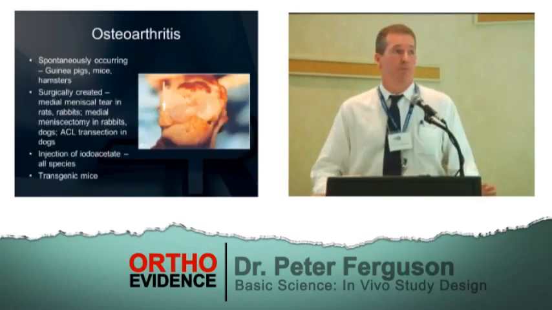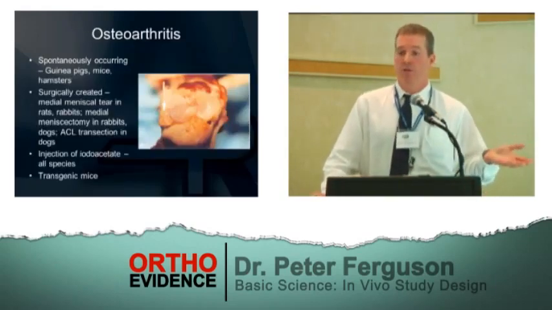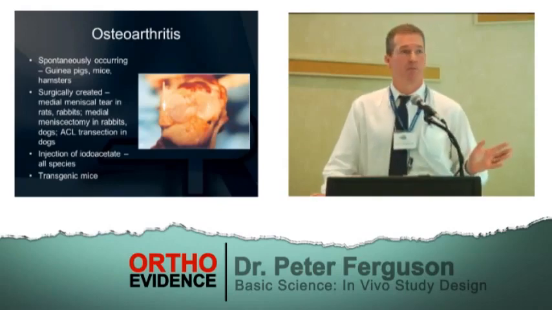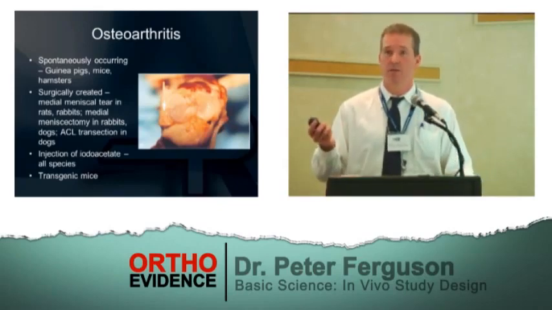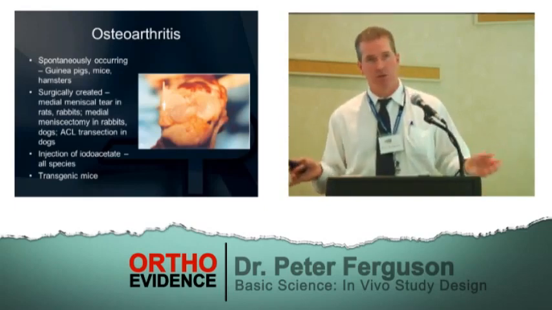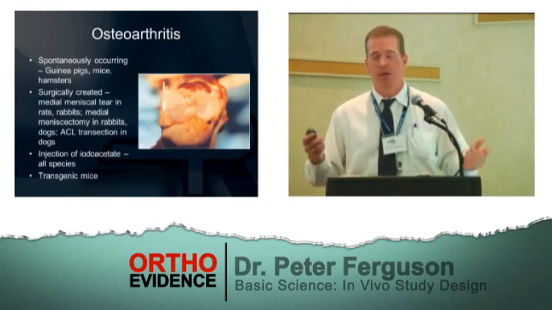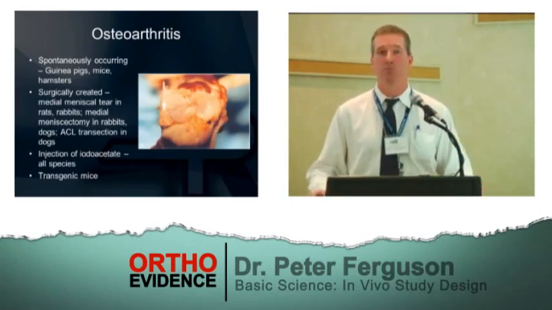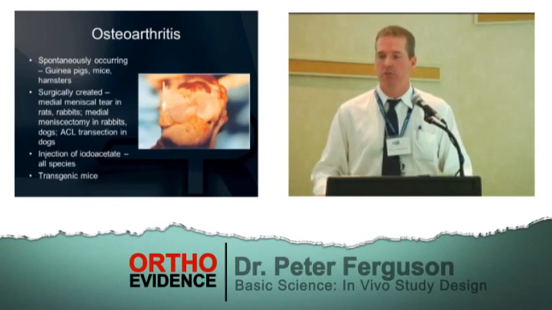So just to give you a few examples, osteoarthritis. If you're interested in studying osteoarthritis, there are many, many different types of animal models. There are ones that occur spontaneously, certain strains of guinea pigs, mice, and hamsters, which spontaneously develop osteoarthritis anatomically or biochemically. I'm not too sure how it happens, but they just develop it.